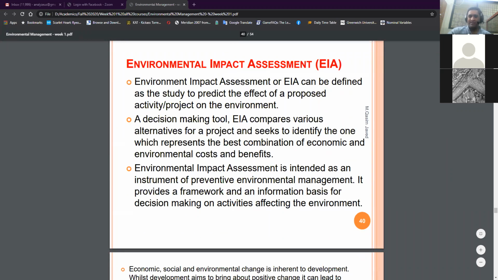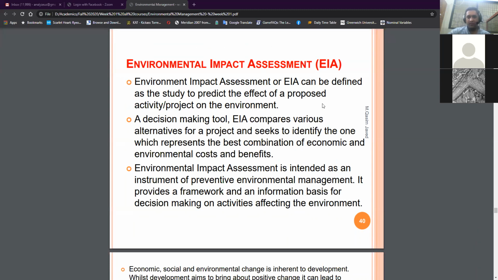Environmental impact assessment, or EIA, can be defined as the study to predict the effect of a proposed activity or project on the environment. It is simply a study to see, okay, whatever we are trying to do, whatever project we have, how will it affect the environment? That is it.